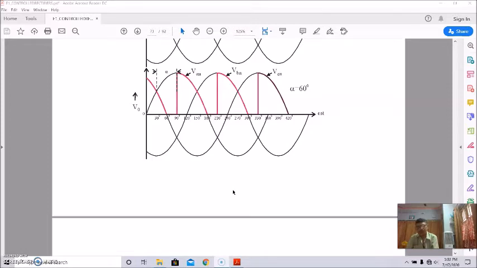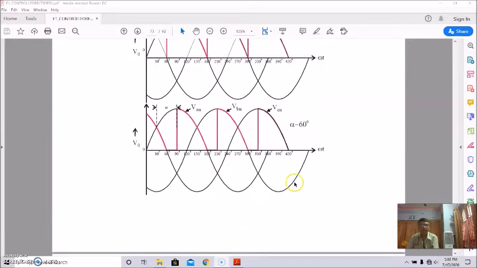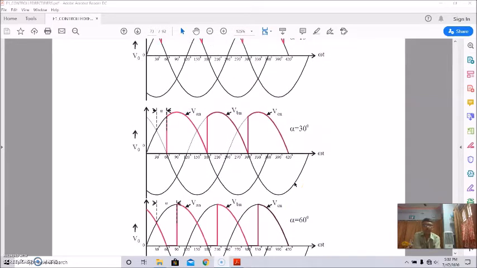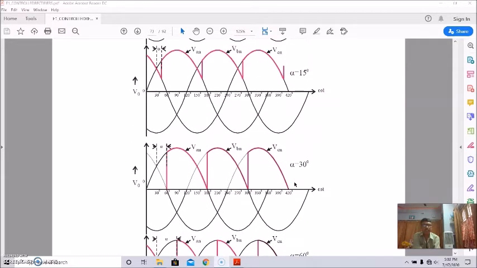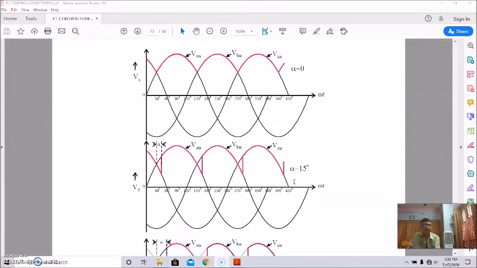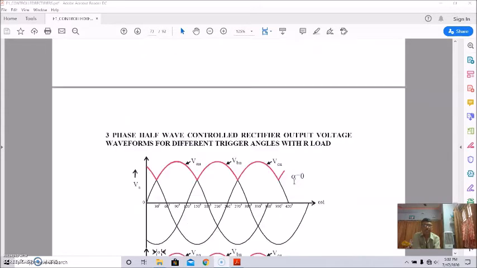We have discussed three-phase half-wave converters, their circuit diagrams, waveforms, output voltage expressions, RMS value of the output voltage, and also the waveforms of the output voltage for different trigger angles and different types of loads, say RL load and resistive loads.